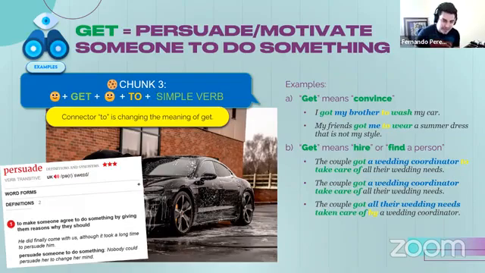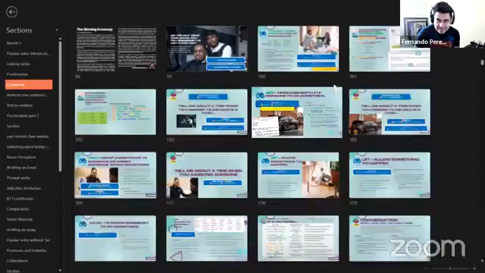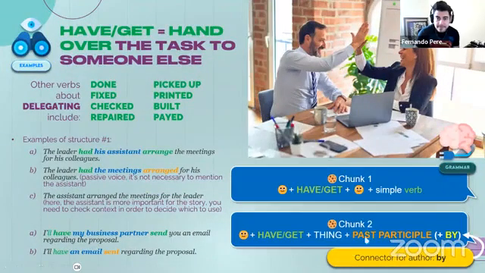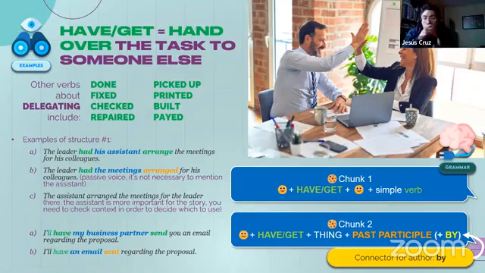And this is so interesting because it's practically the same formula as this one. What's the difference? The connector. Only when you add the connector, it means a different thing. Yes. Right?